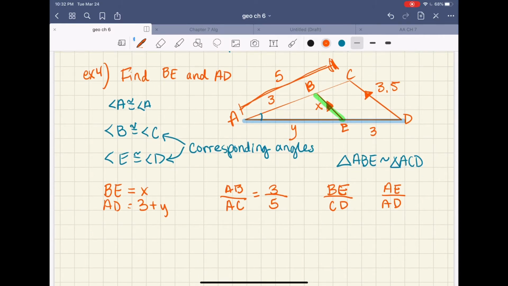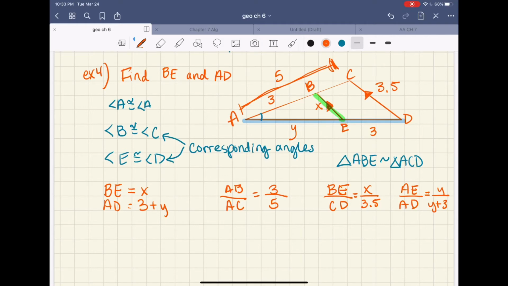What this means is BE to CD, that's going to mean that BE is X over 3.5. So I need to make sure that ratio is equal to 3 over 5. And then AE over AD, that's going to be Y over Y plus 3, or 3 plus Y.